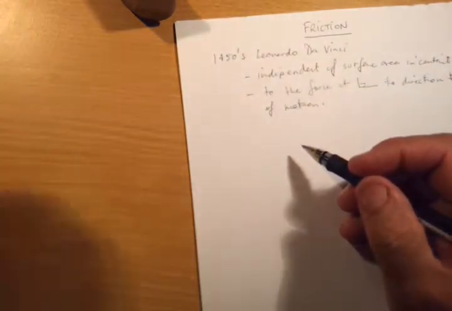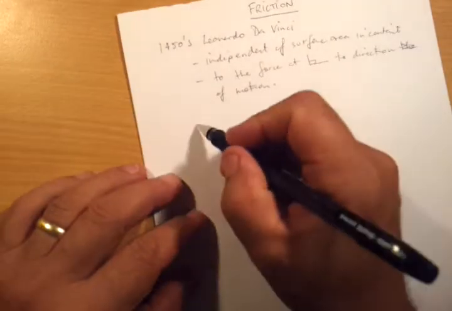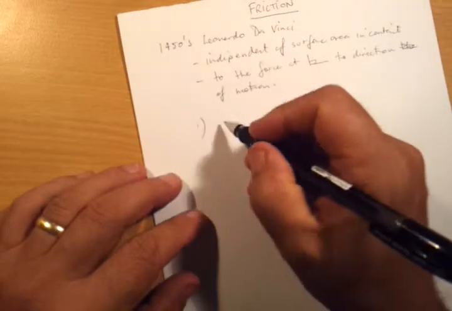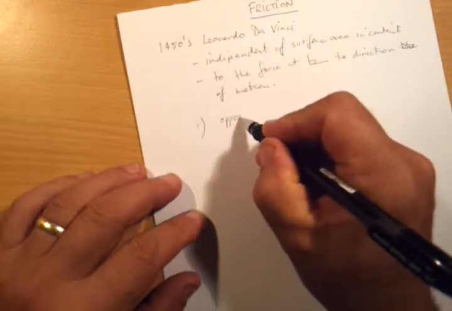Now we have approximately 4 laws of friction, and the first one is that friction always acts to oppose the direction of motion.